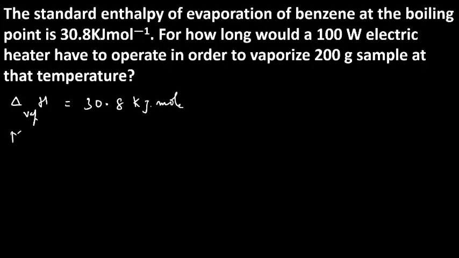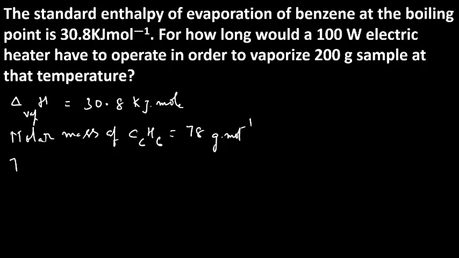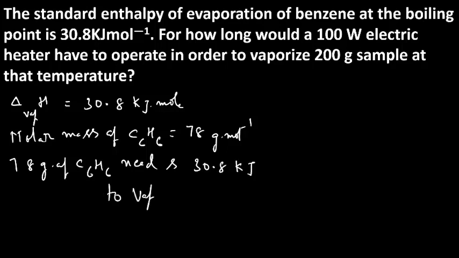What is the molar mass of benzene? Molar mass of benzene, C6H6, is equal to 78 gram per mole. So, 78 grams of benzene needs 30.8 kilojoule to vaporize.